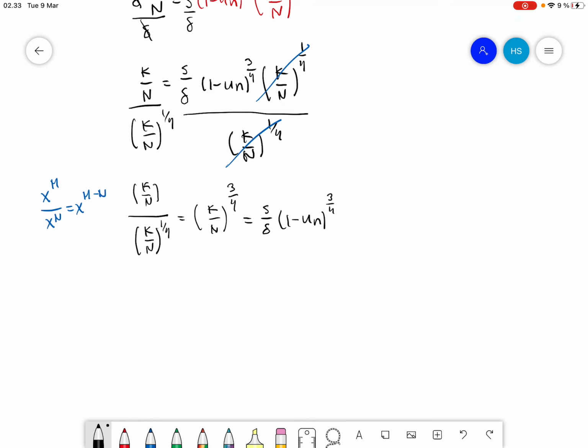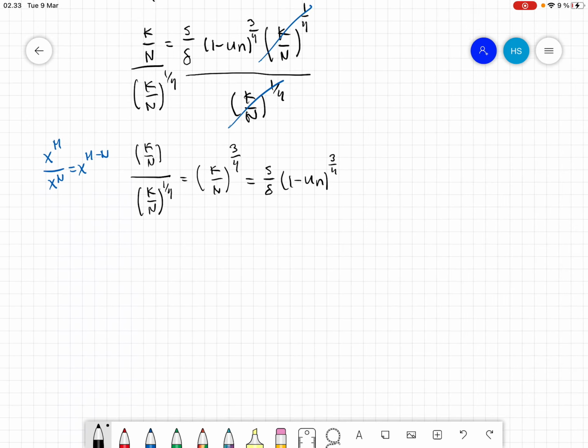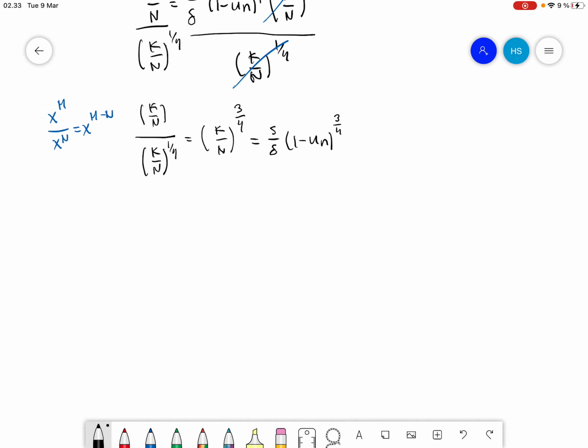How do we solve for the capital stock per worker? So if we just write up the capital stock per worker here below, we have K over N to the power of 3/4 should be equal to the saving rate over delta times 1 minus the natural rate of unemployment to the power of 3/4.